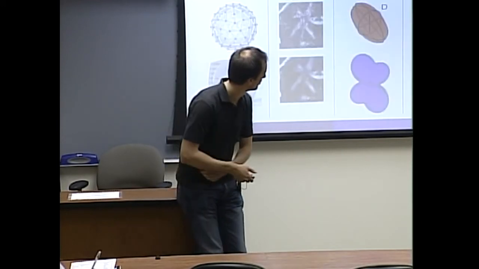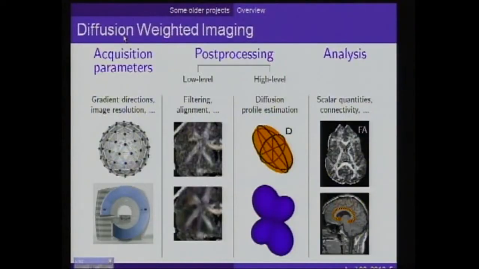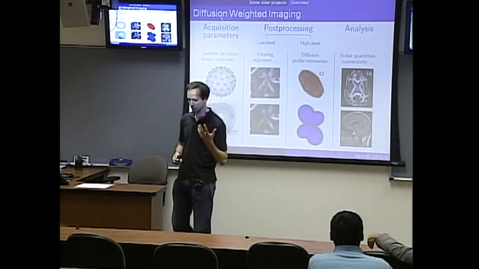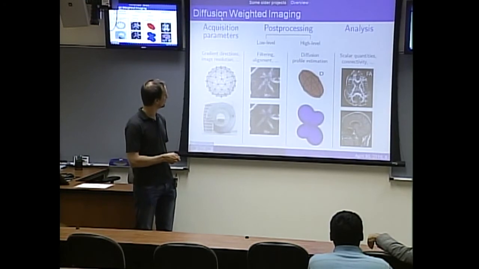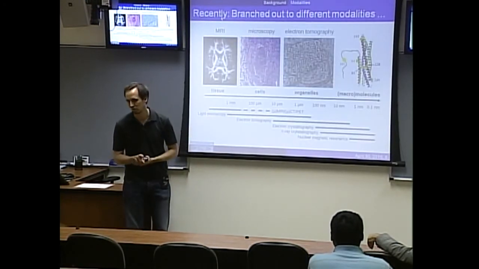In terms of diffusion-weighted images, I've worked on anything from selecting gradient directions, how you acquire the signal, to processing of the images, fitting models of water diffusion in the brain, to more advanced analysis where you try to recover connectivity information in the brain. And I've worked mainly on MR, but recently my interest has shifted to incorporate other kinds of imaging modalities too.